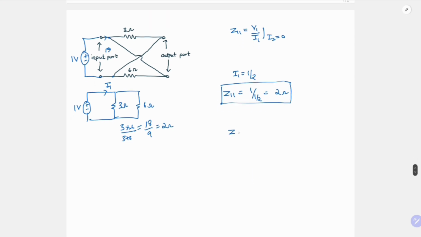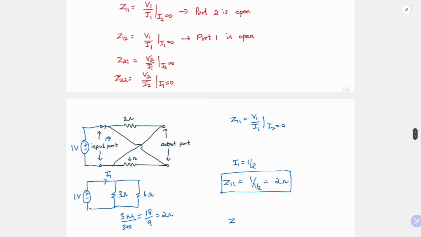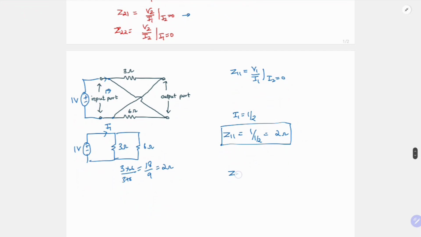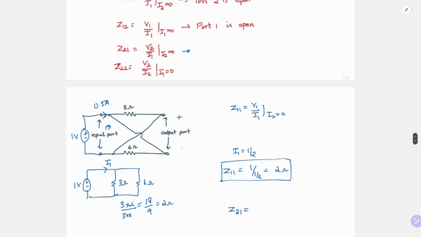Next, we already have this output port open, so Z21 can also be found from here. We found that I1 is 0.5 ampere. Now we want to find V2, plus minus V2 here. What is this node?